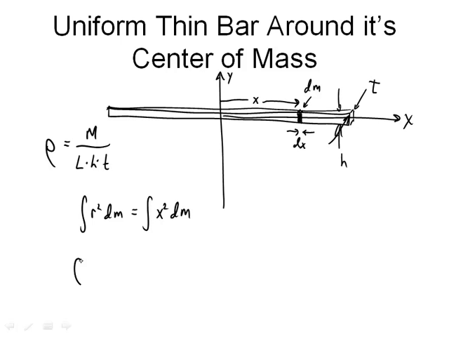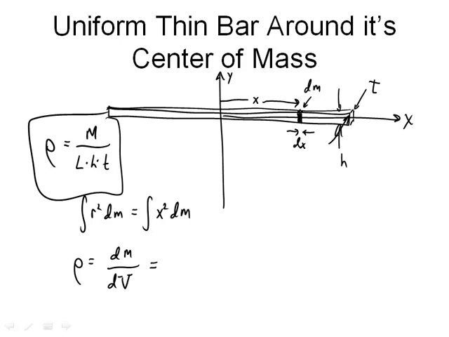But now rho is equal to the derivative of mass with respect to volume, which is right here, but this is still true. And the volume of that little sliver is dx times h times the thickness t. And so dm is equal to rho ht dx.